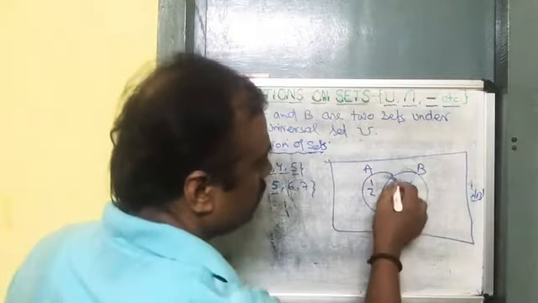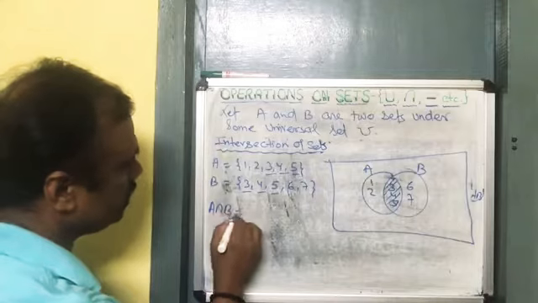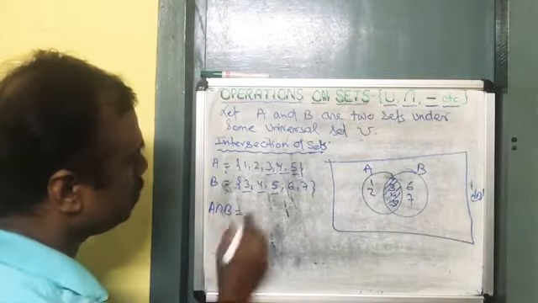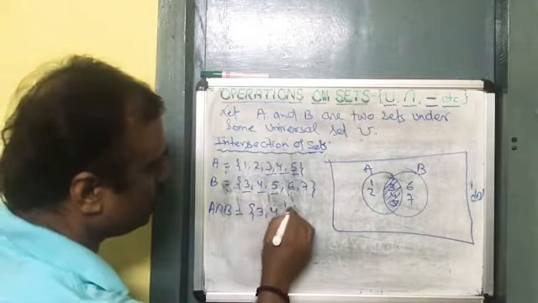As we know, this area is A intersection B. So A intersection B will have 3, 4, 5.